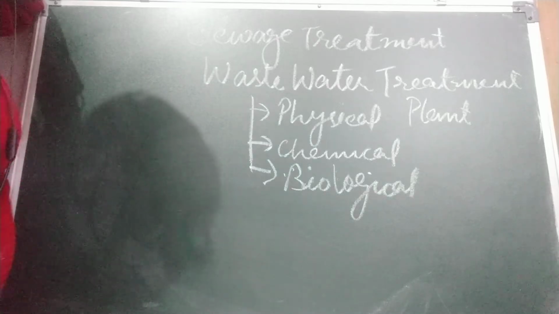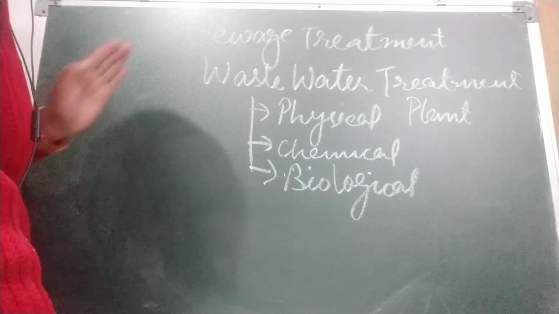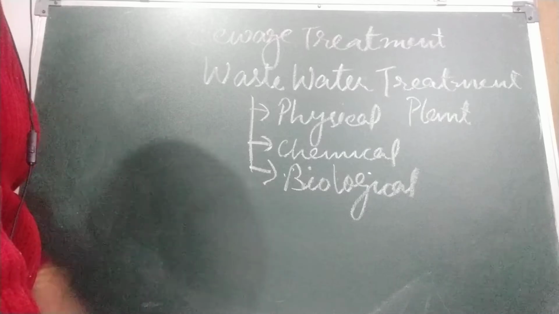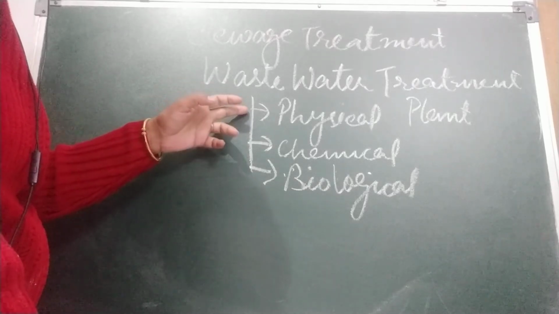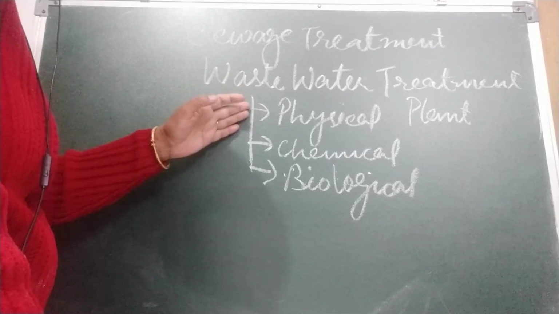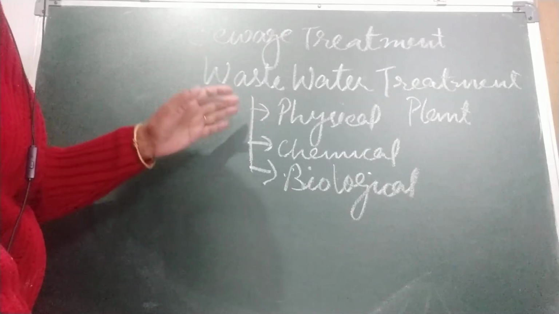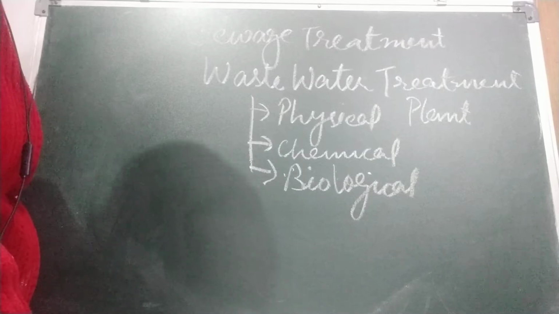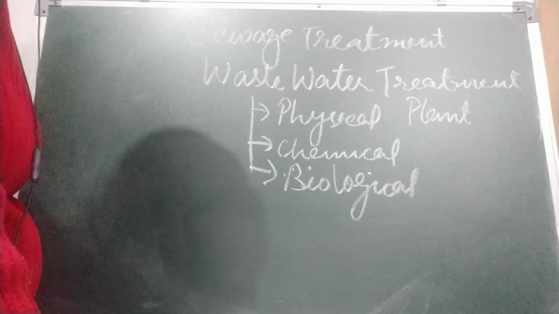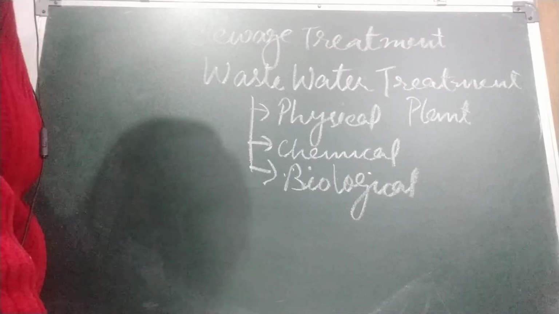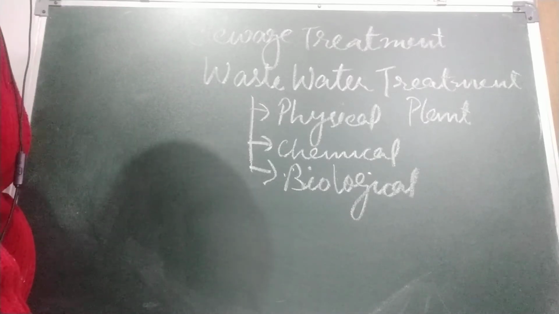The wastewater is first passed through the screen or vertical bars. Here materials like plastic bags, cans and sticks are stopped, and the water is then passed through the settling tank known as the grit chamber, where solids such as sand, silt and gravel settle down. So this is the physical process.